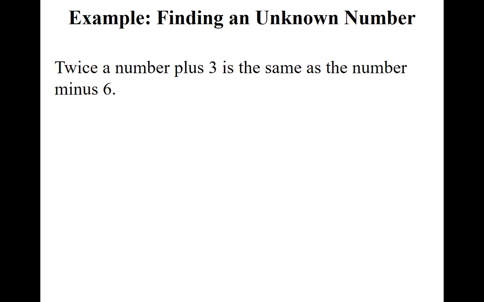An example. In this case, the problem type is finding an unknown number. Twice a number plus 3 is the same as the number minus 6. So this isn't too bad. We've been building up to this for some time now.